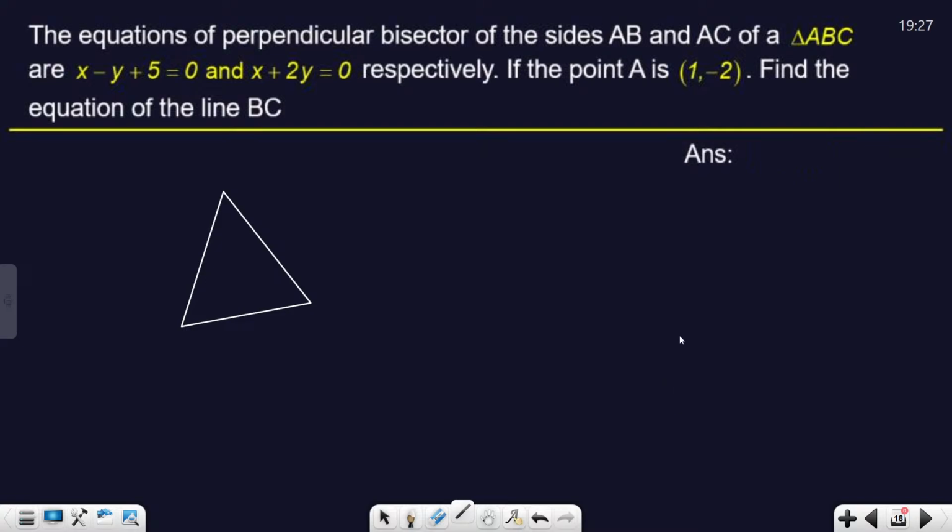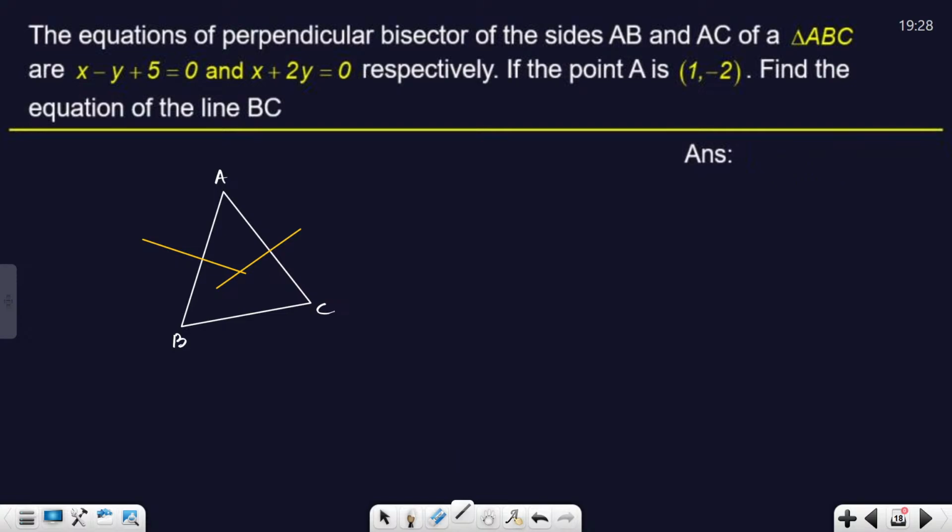Let me denote these points: this point is A, this is B, and this is C. The perpendicular bisector of AB, this is the perpendicular bisector of AB, and the perpendicular bisector of AC, this is the perpendicular bisector of AC.